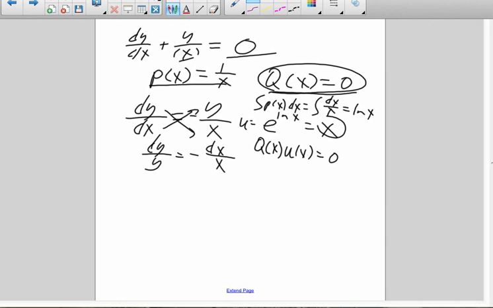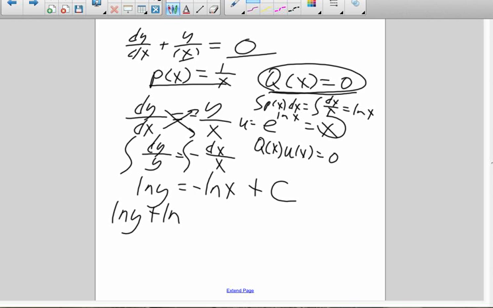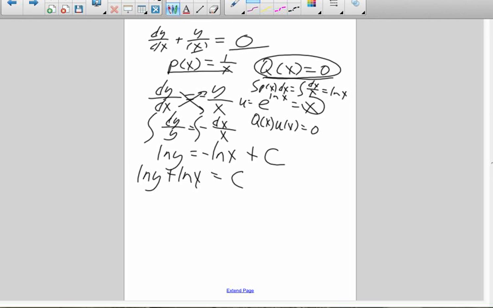And so when we integrate both sides, I end up with the natural log of y equals negative natural log of x plus c. I'm going to add this over: natural log of y plus natural log of x equals c. And there's a log law which says when you add outside logs, it's the same as multiplication inside.